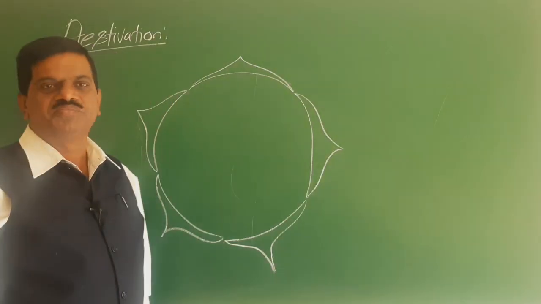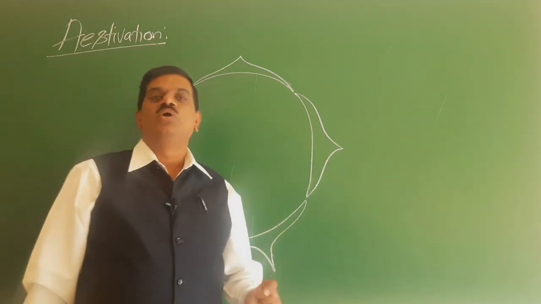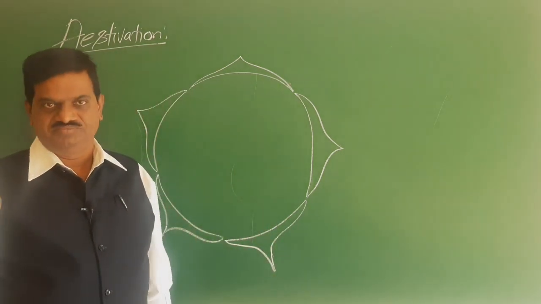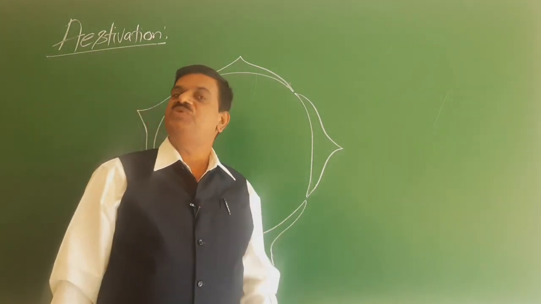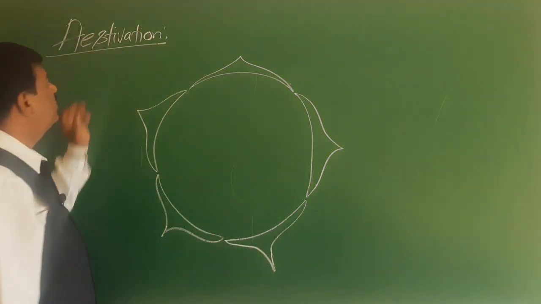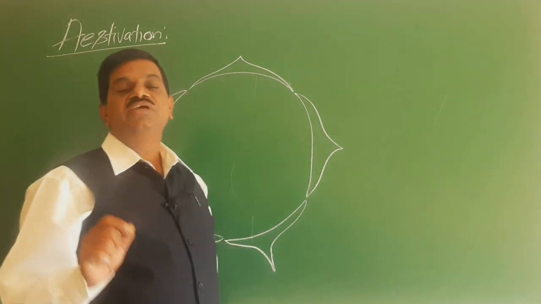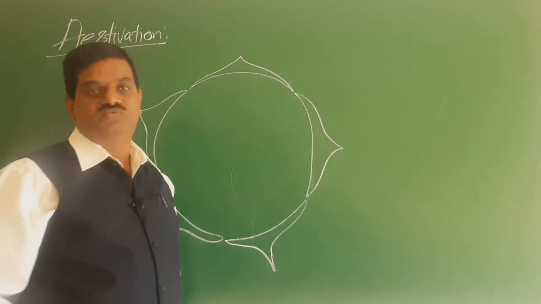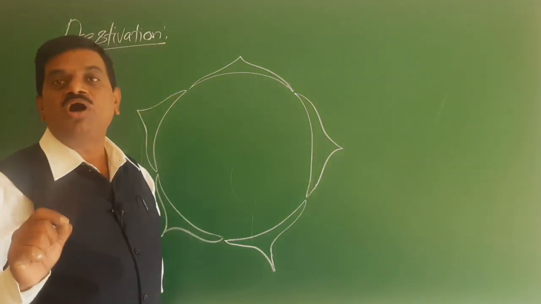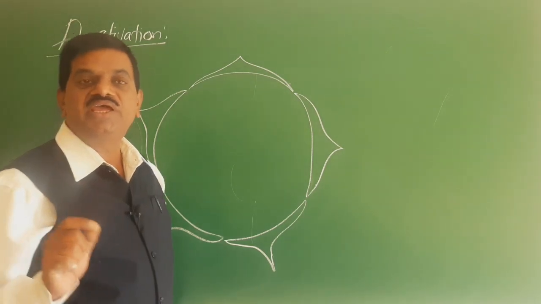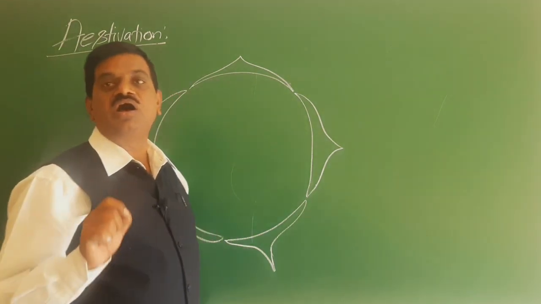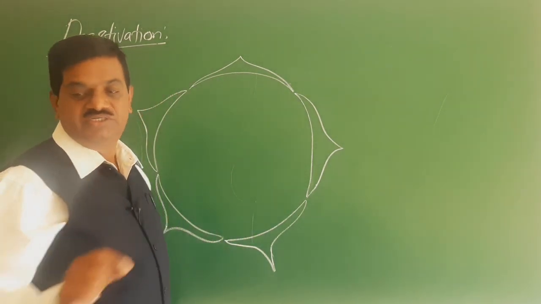Hello students, today we are going for the next heading called estivation. The word estivation indicates the arrangement of sepals or petals in a flower bud or floral bud.